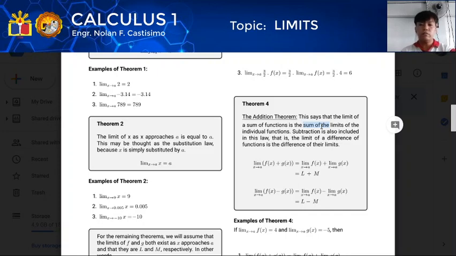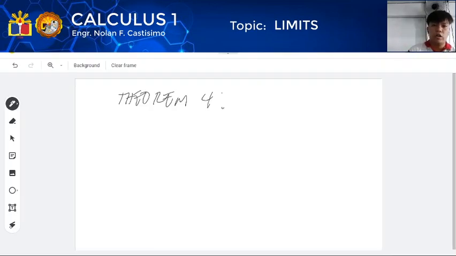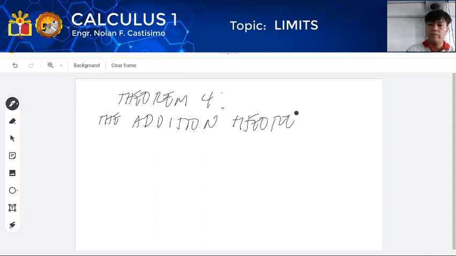Okay? So, ano yung magiging formula natin dyan? So, andyan na. So, Theorem 4, or the addition theorem. Okay?